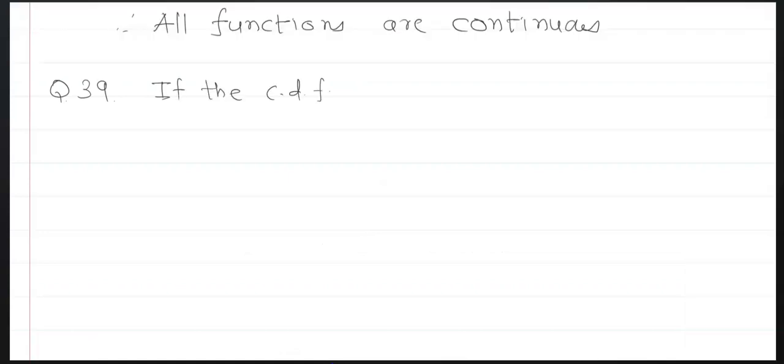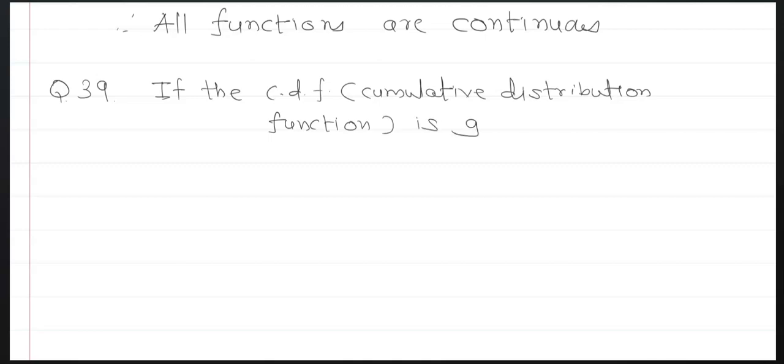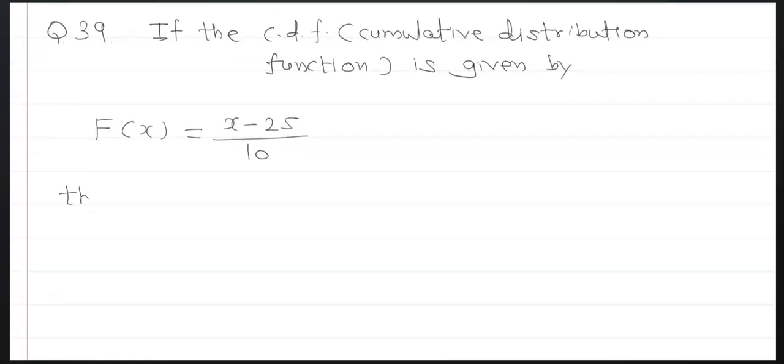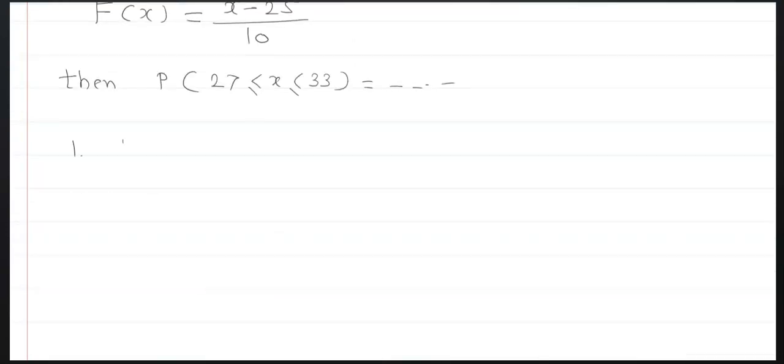Question number 39. If cumulative distribution function is given by capital F of x is equals to x minus 25 upon 10, then P of x lies between 27 and 33.